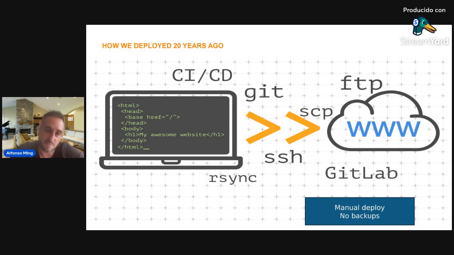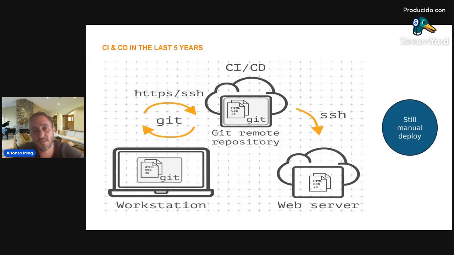So some years later, a new concept appeared: code repositories. Code repositories solve at least 3-4 problems. The first one is that it enhances collaboration with teams, with people, because you can make changes without conflict.